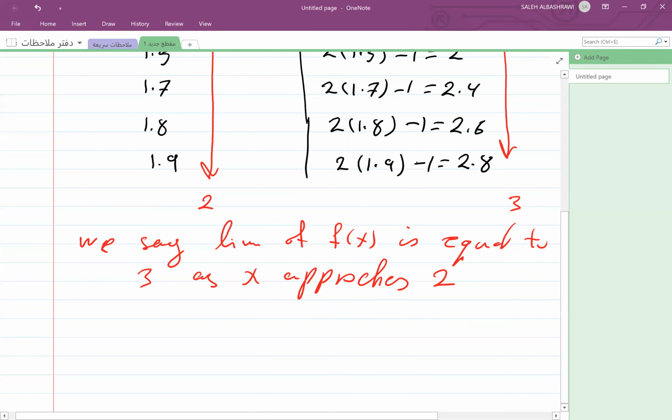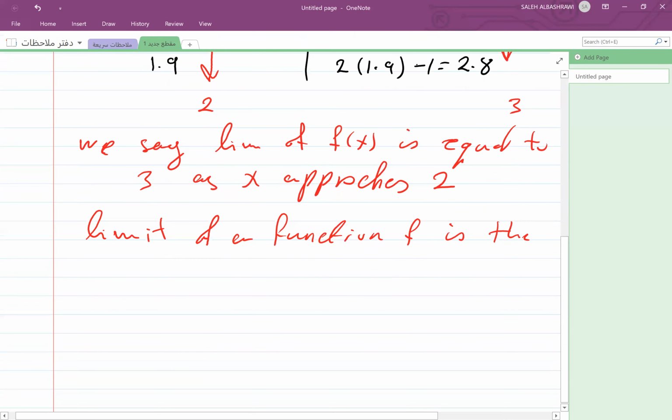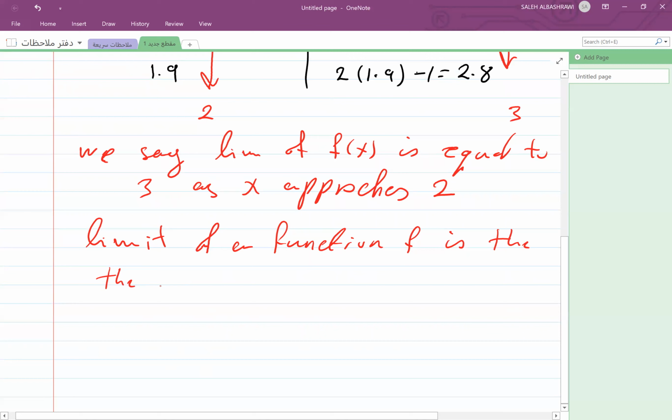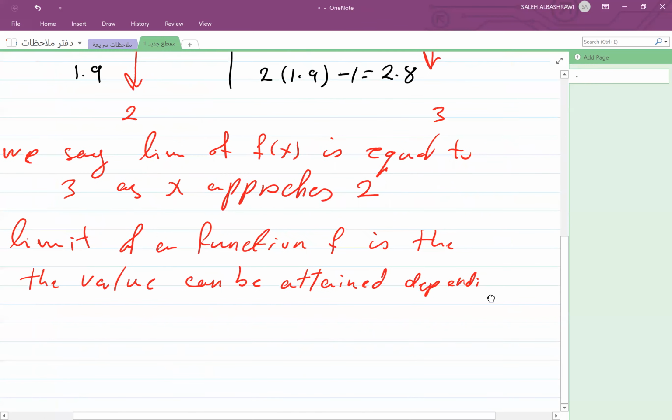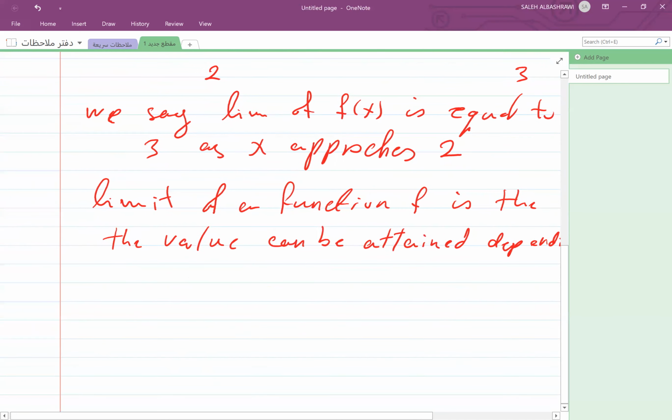So we can say the limit of a function f is the value that can be attained, depending on the value of x.